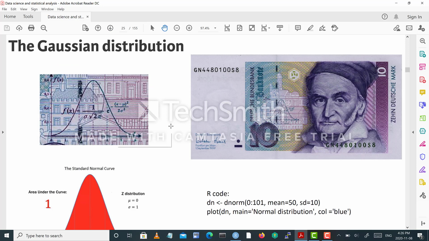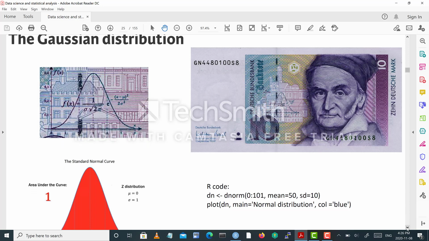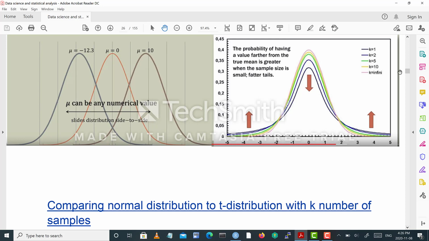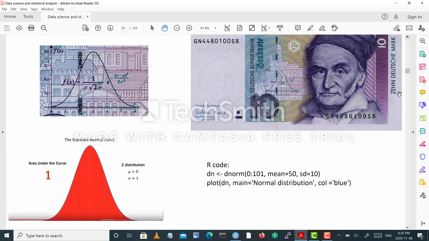We have here the Gaussian distribution, the curve including the red area, which is called the standard normal curve, and the area under the curve from -infinity to infinity is equal to 1, and the middle point is the mean, mu, equal to 0, and the standard deviation is equal to 1.